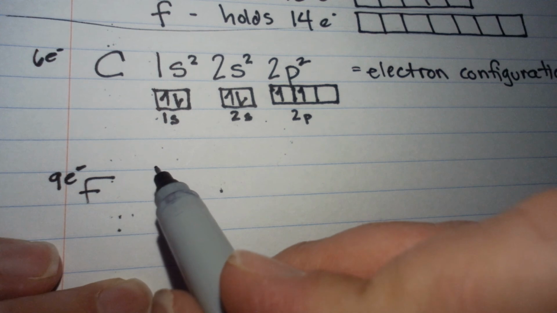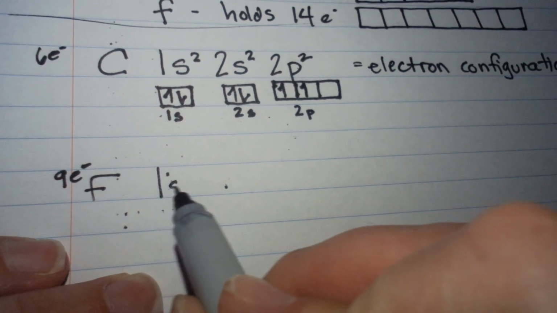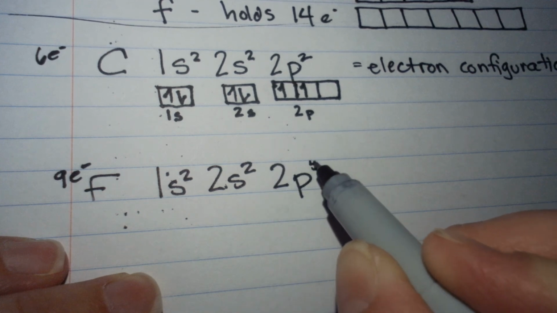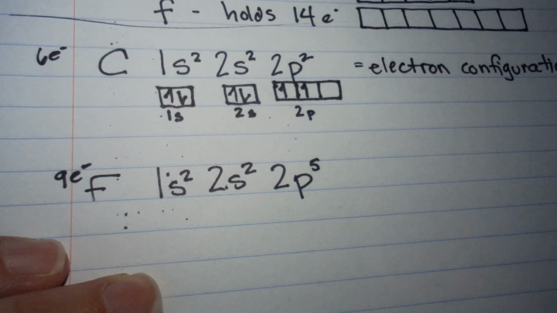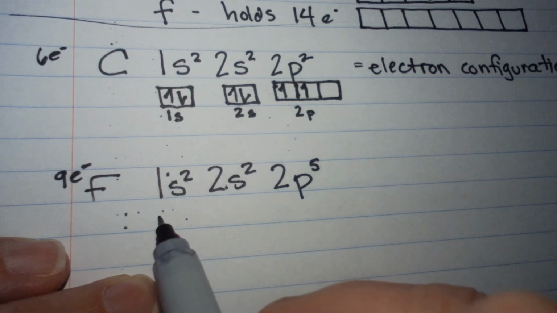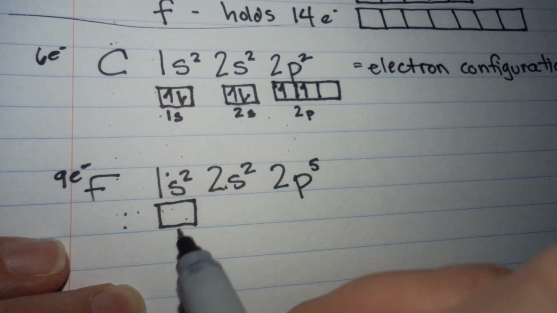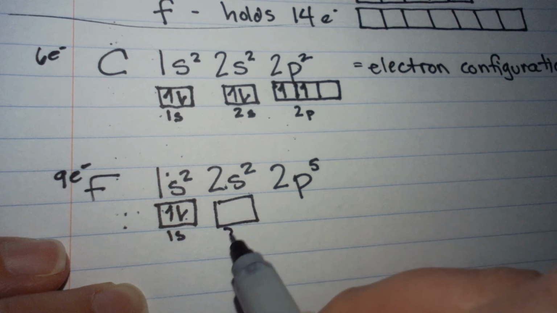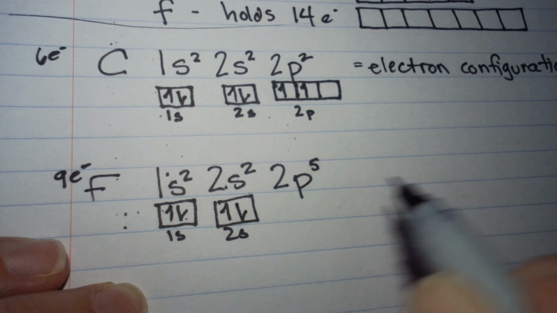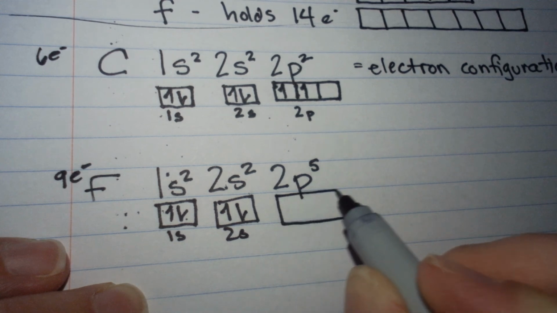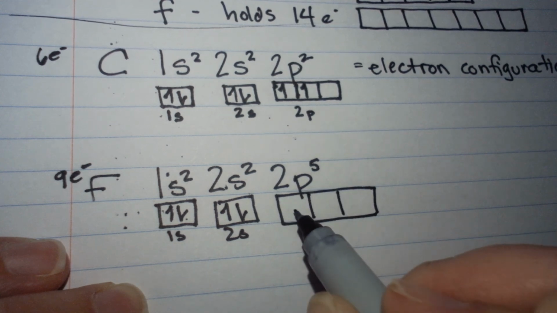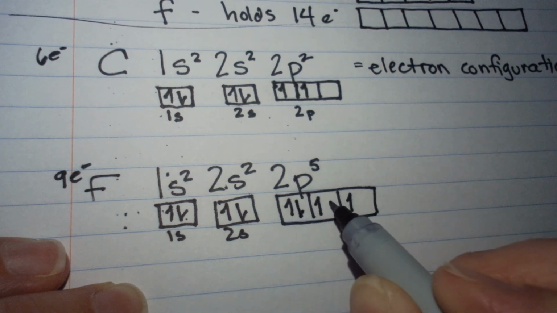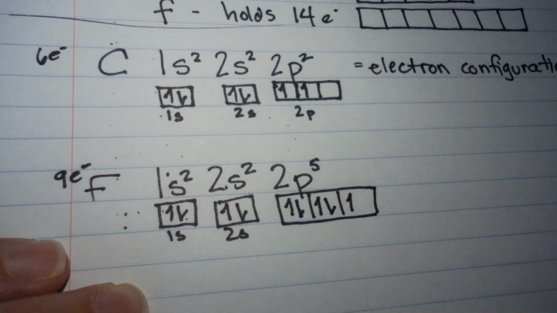So the electron configuration is 1s2, 2s2, 2p5, right? But the orbital notation is going to look like 1 box, and we have an up and a down. Another box, and we have an up and a down. And then we have the 3 boxes. In this case, we would go up, up, up, and then backfill with down, down.